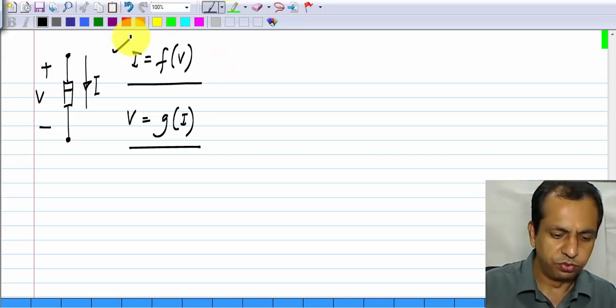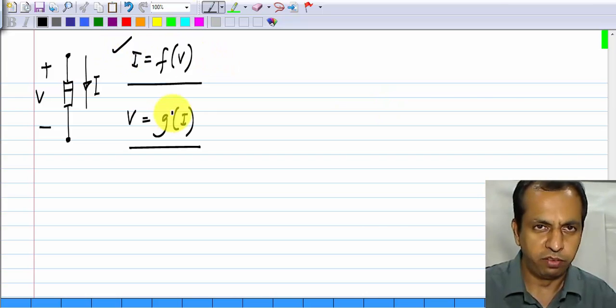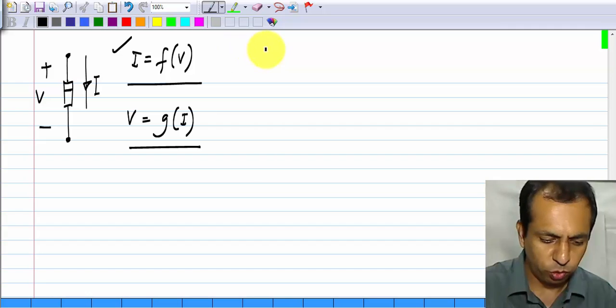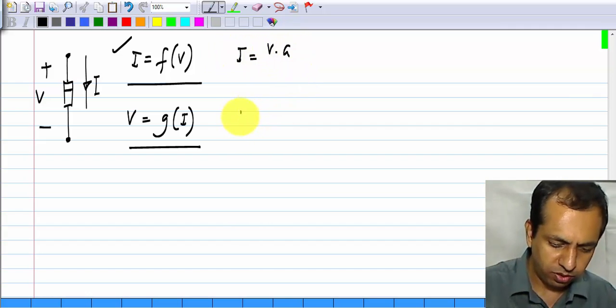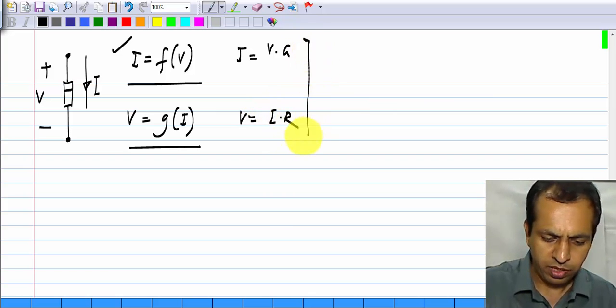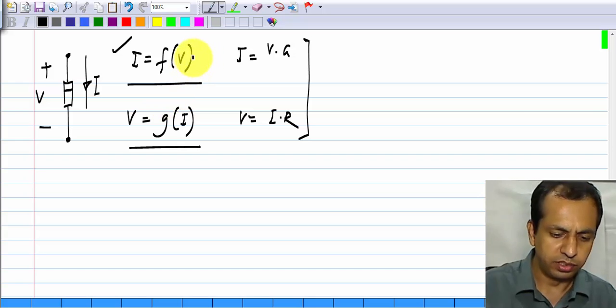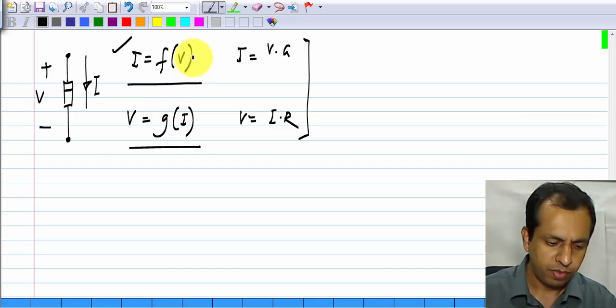So, I just use this formulation most of the time, but this is perfectly valid, and these are equivalent statements of Ohm's law. You could write I equals V times the conductance, or V equals I times the resistance. So, this is for a linear element and this is for a nonlinear element.